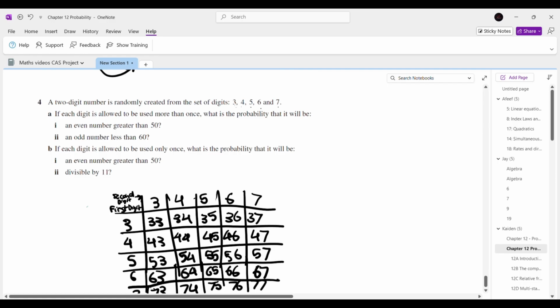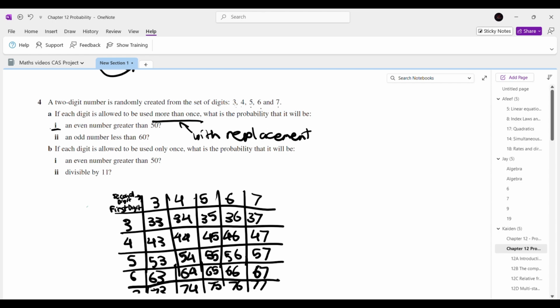Now, if each digit is allowed to be used more than once, meaning with replacement, which is what we've done here, where we have 3 and 3, 4 and 4, and so on and so forth, where the same digit can be used twice. So with replacement, now we're just going to find some probabilities. We'll call this probability I after the question.